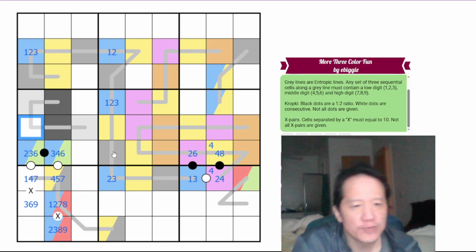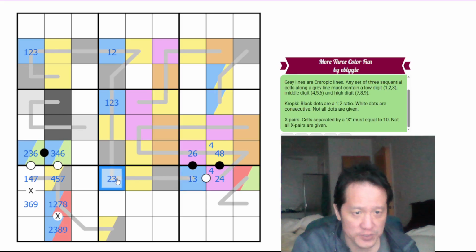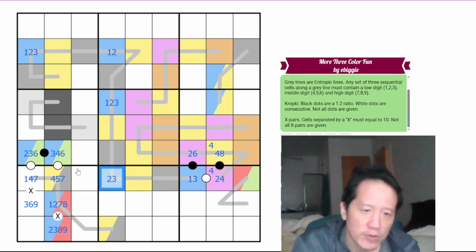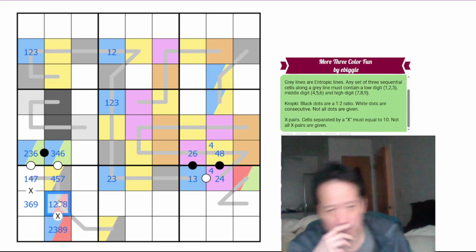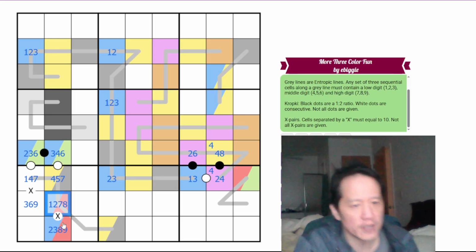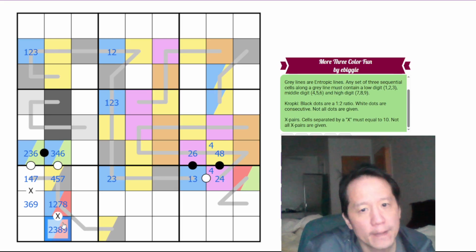If you have 3 and 6, therefore this is 2, this is 2, this is 1, this is 3. We have a 4, 7, 4, 7 pair here. Therefore, this must be a low. It's 1 or 2 with 8 or 9. The yellow is a 4.